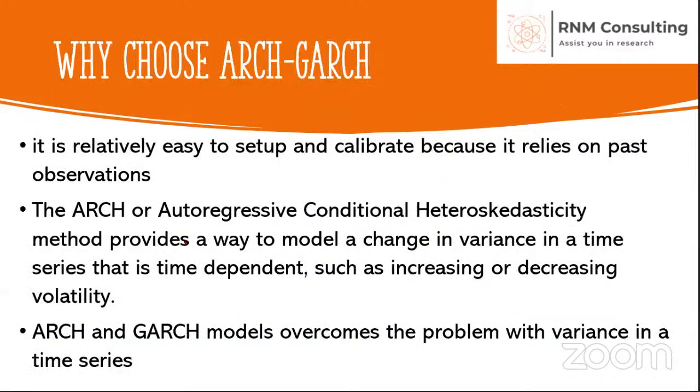So is this like a perfected version of the ARCH model? Why choose ARCH and GARCH? It is relatively easy to set up and calibrate because it relies on past observations. Why is it past? Because there's a lag on it, like h(t-1). So the variance is related to past observations. The ARCH model provides a way for models to change variance in time so that the series is dependent, such as increasing or decreasing.